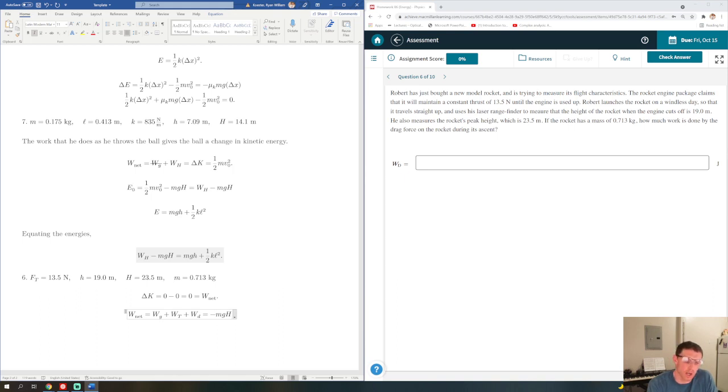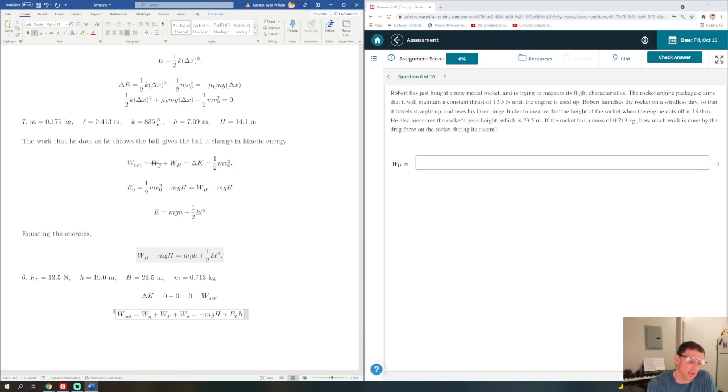Now the work of the engine or the thrust is going to be multiplied by the smaller height because the engine isn't going for the entire trip. It cuts out at 19 meters.